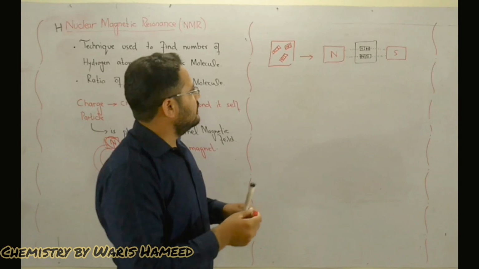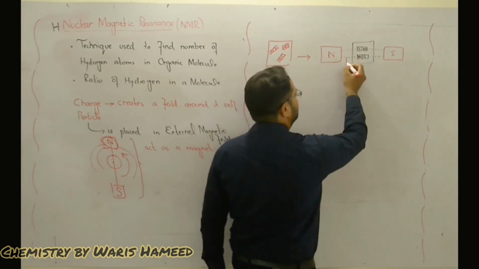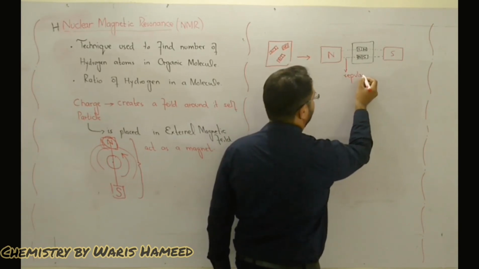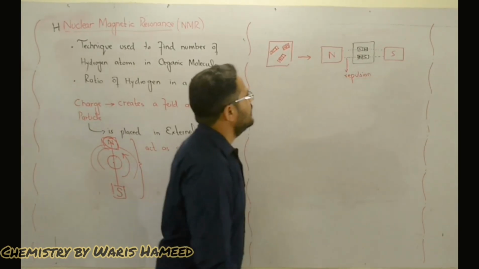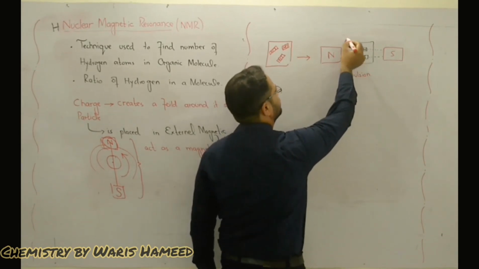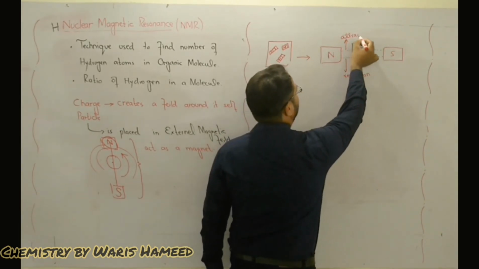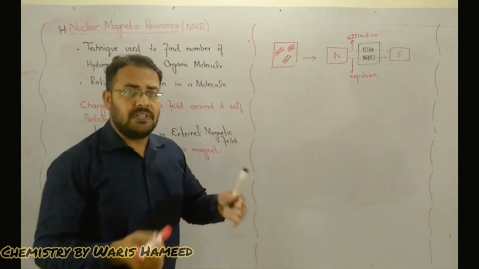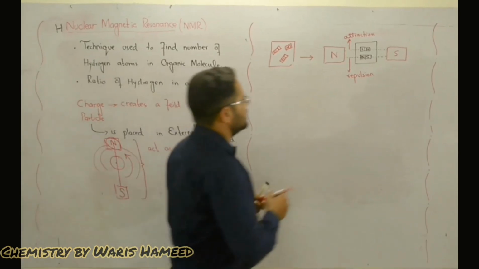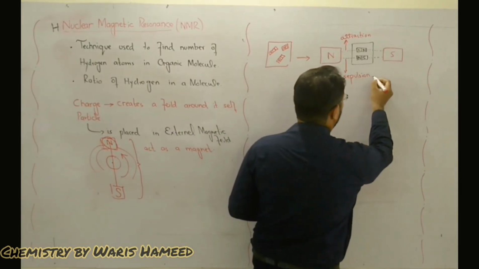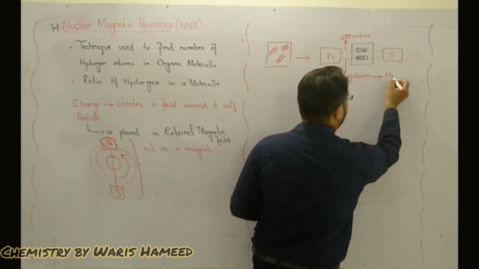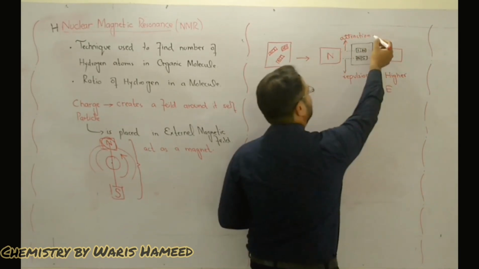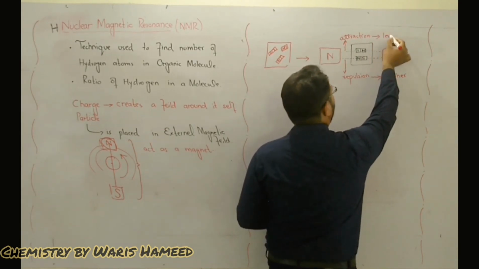Here is repulsion and here is attraction. Due to repulsion, the energy of the system becomes high, so it will be higher in energy and here it will be less in energy.